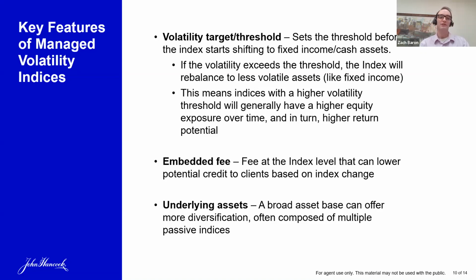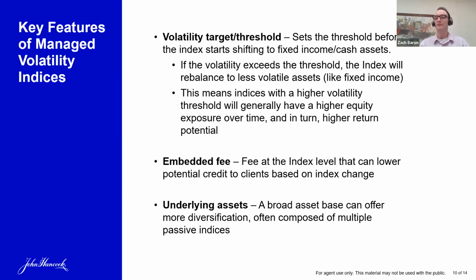The other thing I would mention is the underlying assets. Some of these indices only have 2 or 3 assets, and it might just be US equity and fixed income. With John Hancock, we have a broad range of assets: US and international equity, US and international fixed income. In general, I think that's a better fit for managing to a certain volatility level.